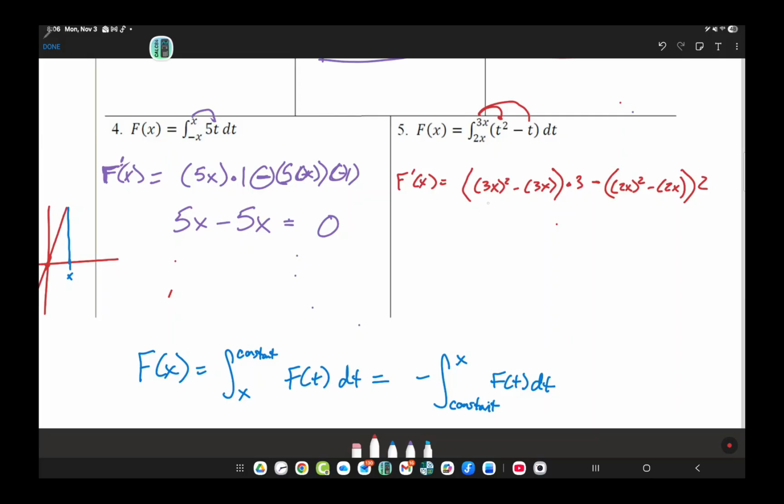Simplifying that, 3x squared gives you 9x squared minus 3x times 3 minus 4x squared minus 2x times 2. So it gives you 27x squared minus 9x minus 8x squared plus 4x.